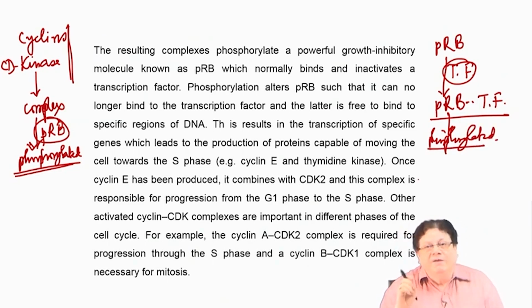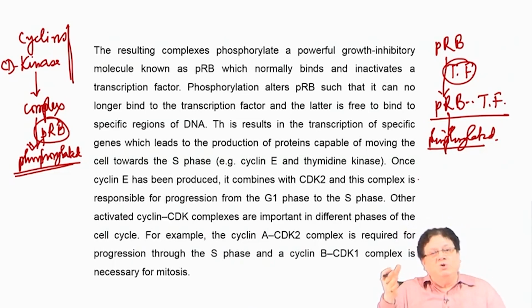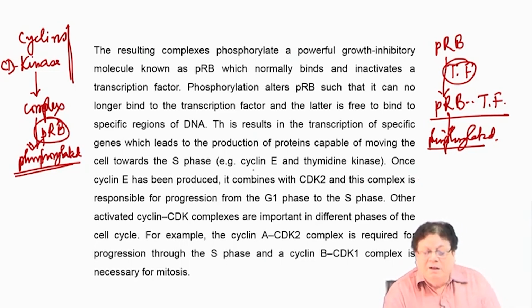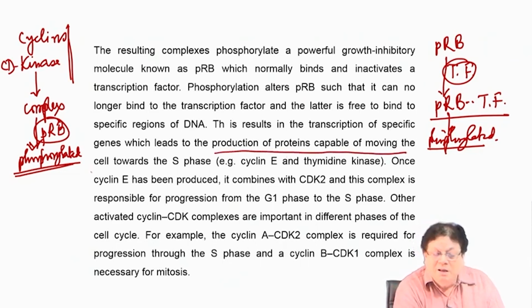So the transcription factor is now free to bind to the promoter region, and once it binds to the promoter region, there will be activation of the genes, and that will ultimately lead to production of proteins, and these proteins are capable of moving the cell towards the S phase.